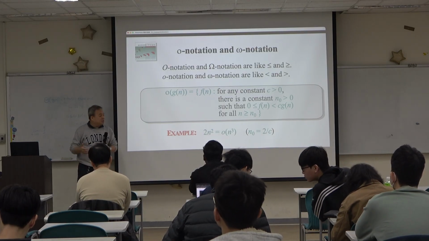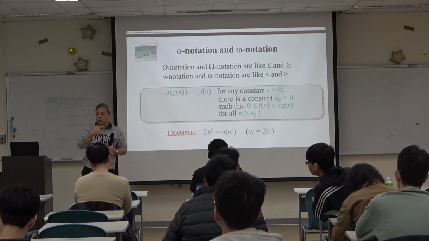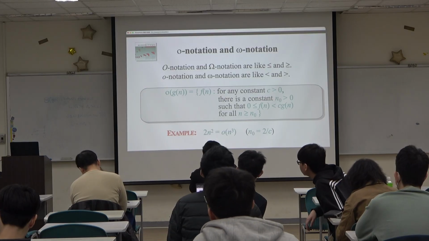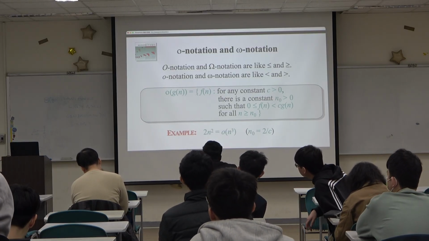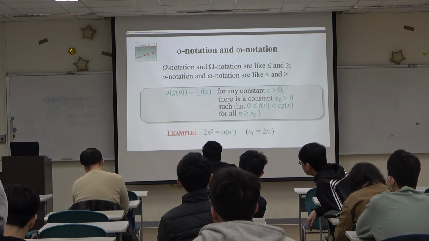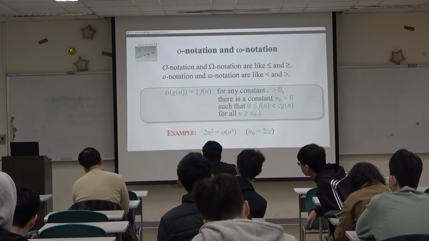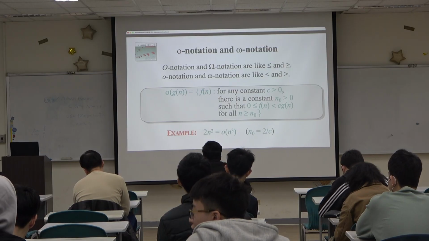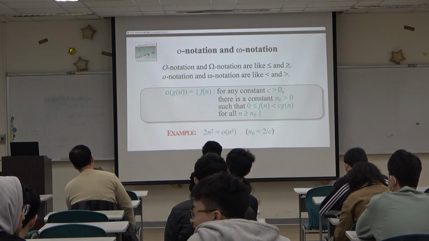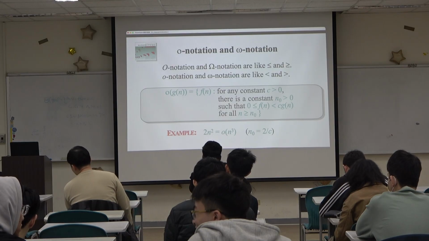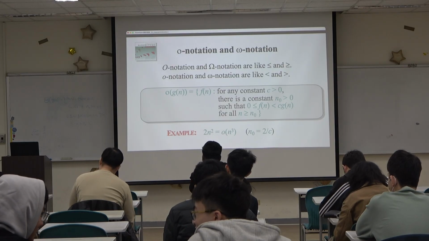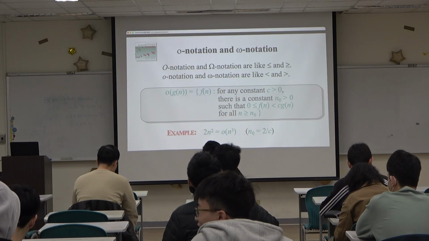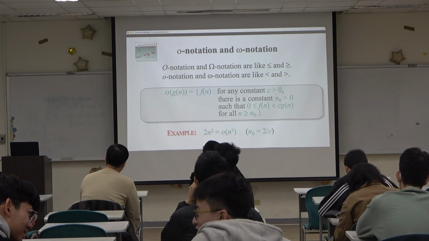So obviously this has something to do with big O and omega notations. You could use some calculus tools to help you prove that a certain function grows faster.